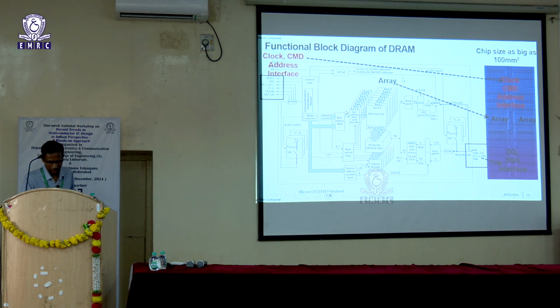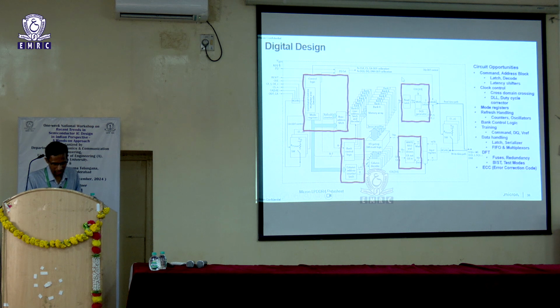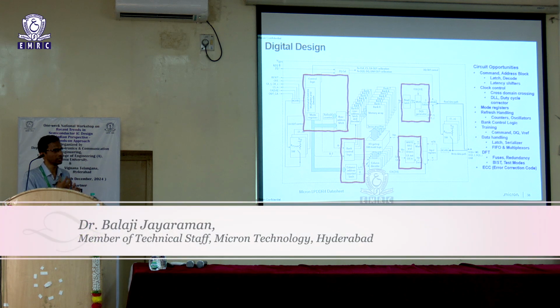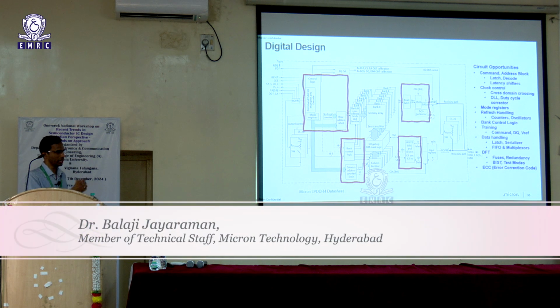So let's look at a bit more details of each of these. Where does each of these fit in? Once you're interfacing this with the CPU, what does that CPU do? Suppose I want to read some memory data, it will give you a read command.